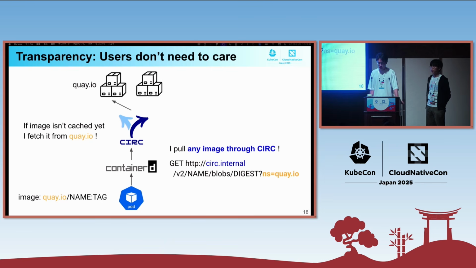CIRC reads this NS parameter to identify which registry to pull the image from. This mechanism enables CIRC to work with arbitrary registries, not predefined ones. That's how CIRC achieves transparency.